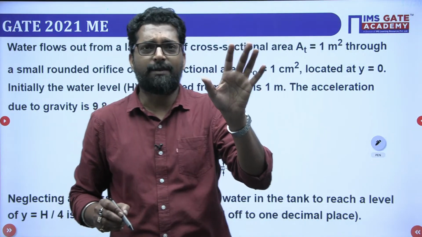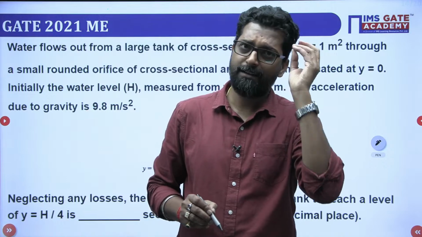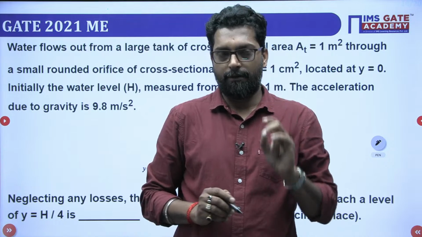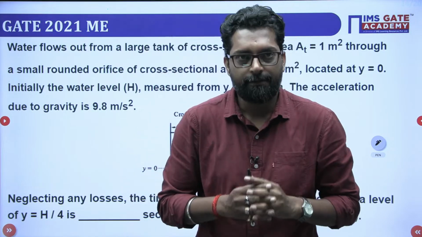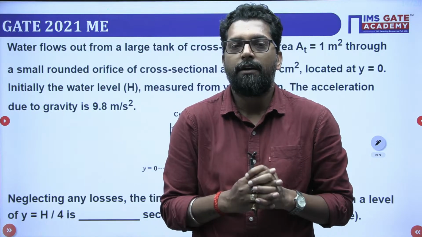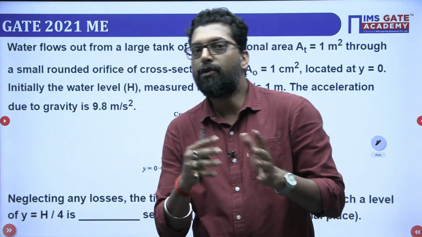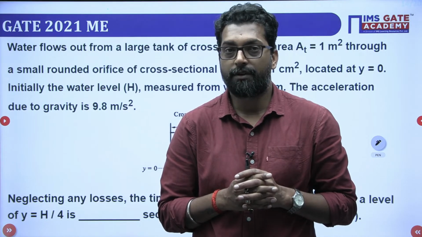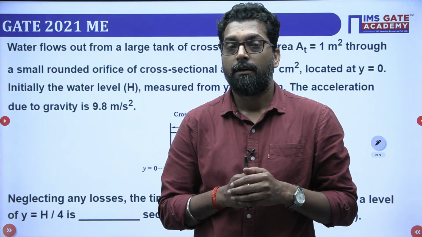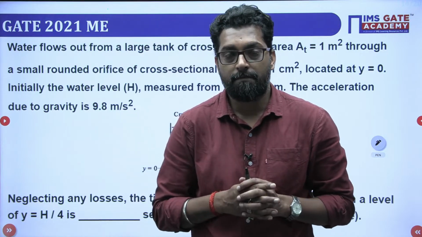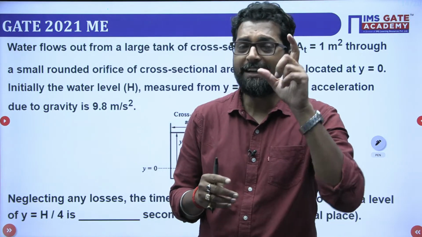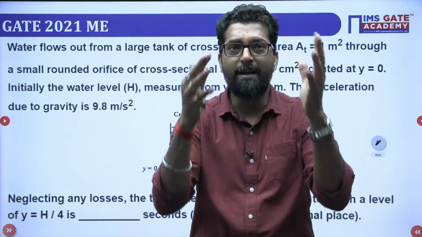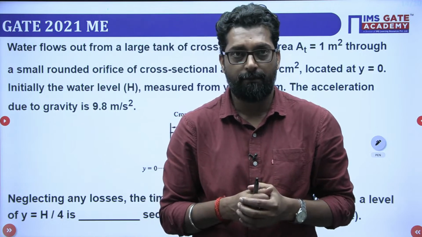First, in fluid mechanics, you should keep two things very clearly in mind. Number first, who is the responsible factor to move the fluid? Number second, how many conservation equations are there? So first we talk about the conservation equations. Throughout fluid mechanics, there are 3 conservation equations.